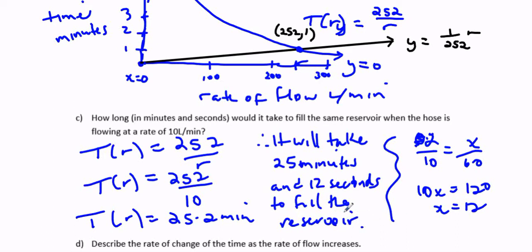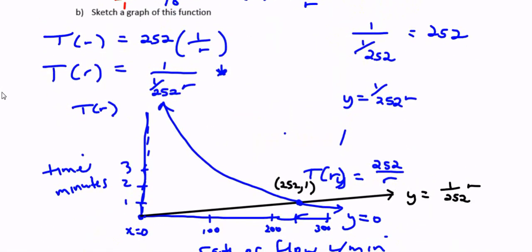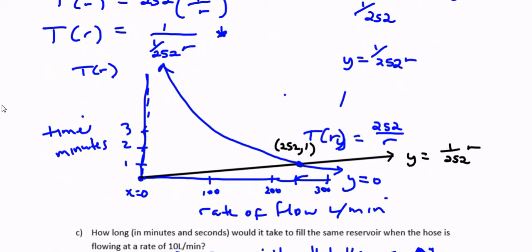Okay, it says describe the rate of change of the time as the rate of flow increases. So if we go back to our graph, we can see that if we are moving from left to right, the rate of flow is increasing. And what's happening to our y's? They're decreasing, right?